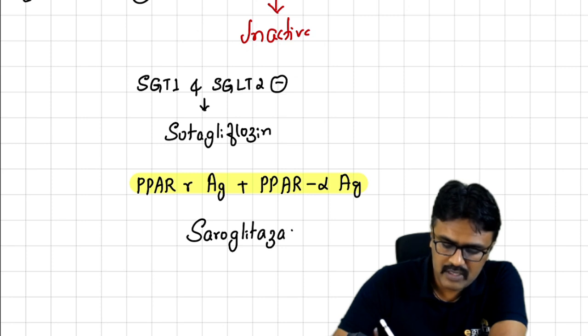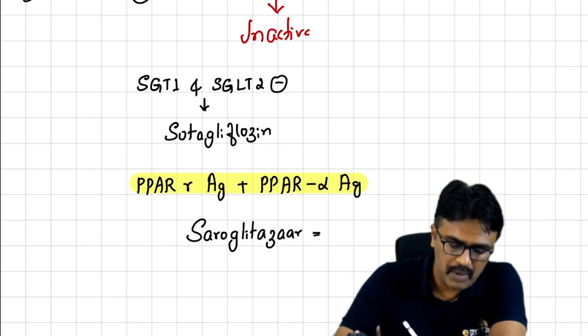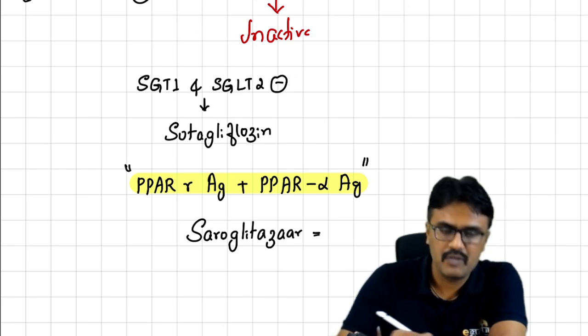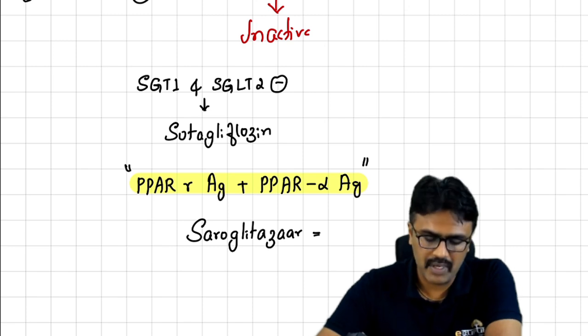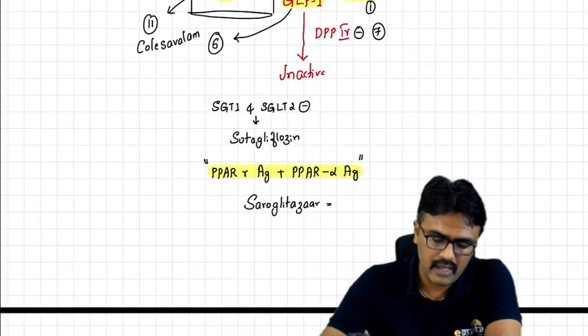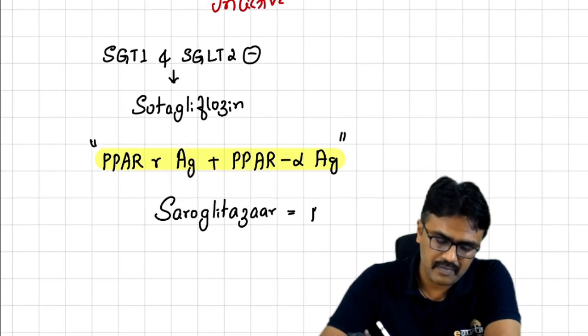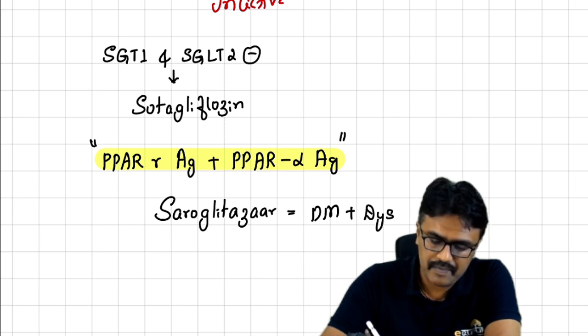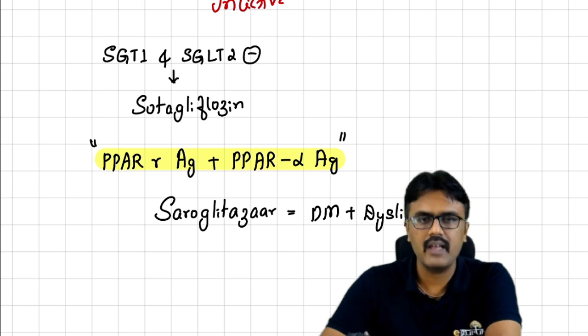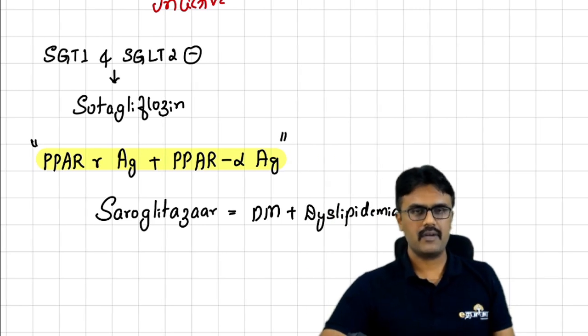And where do you use this saroglitazar? PPAR gamma is for diabetes, alpha for dyslipidemia. So this is approved for any patient with diabetes mellitus with dyslipidemia. So these are the potential targets the scientists are working on.